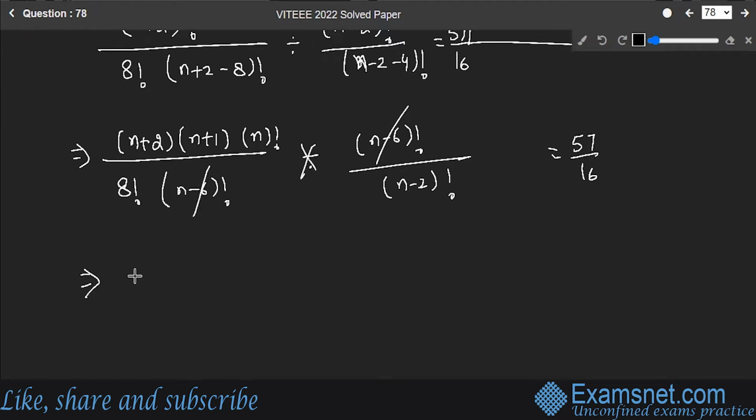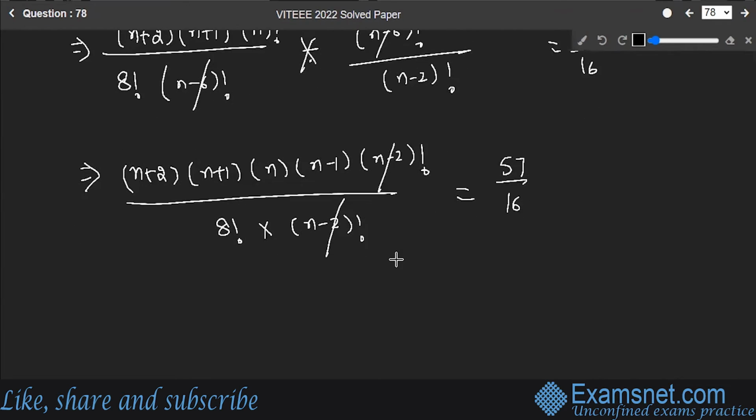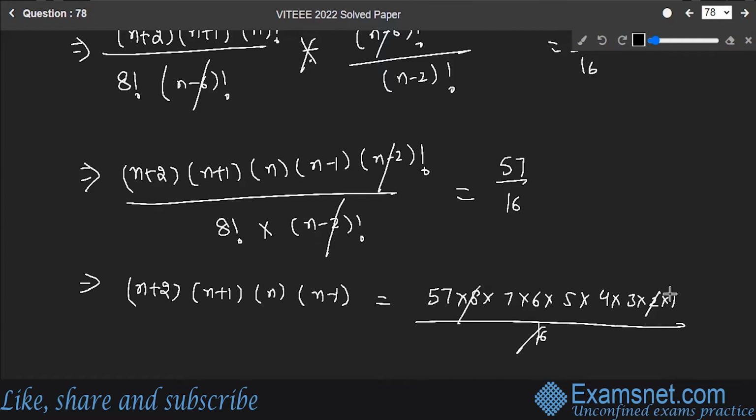These two will cut down, and you have here n plus 2, n plus 1, n minus 1 into n minus 2 factorial whole divided by 8 factorial into n minus 2 factorial is equal to 57 upon 16. These two will again cancel out. So now this is equal to n plus 2, n plus 1, n minus 1, over 57 into 8, 7, 6, 5, 4, 3, 2, 1 upon 16. So 16 will simply cut down these two values.